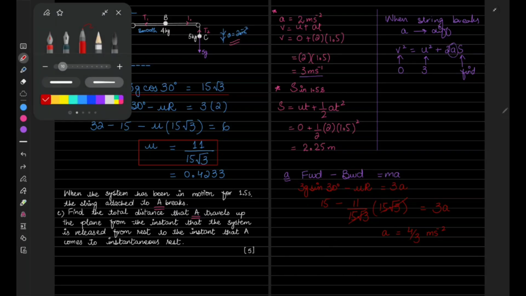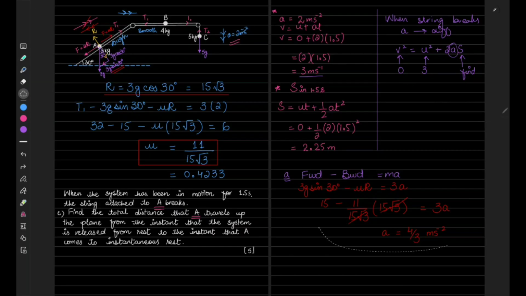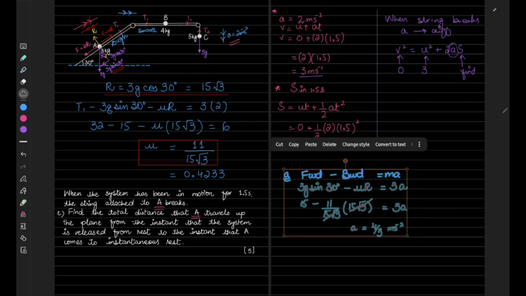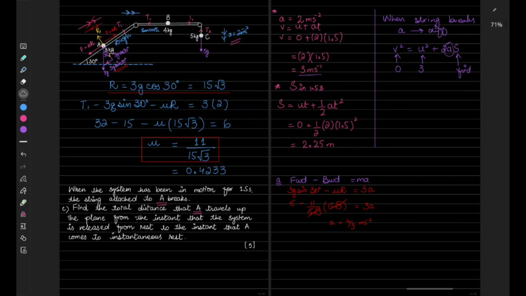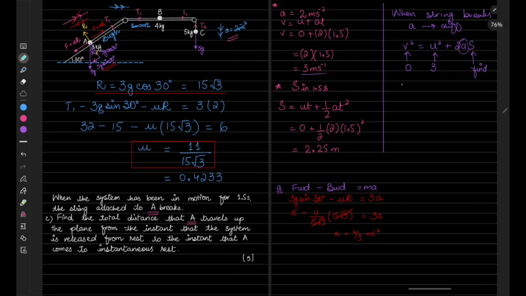So let's substitute in the values above in the equation of motion. But before that, let's arrange this a bit. Yeah, so getting back here, 0 square equals 3 square plus 2 times minus 4 over 3 times s, and let's find out the s.